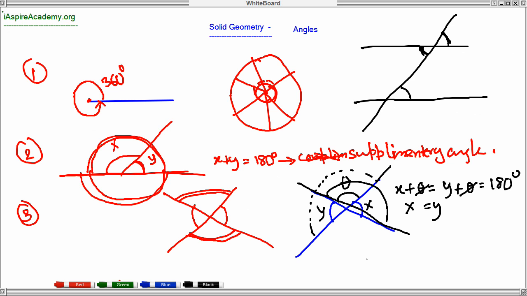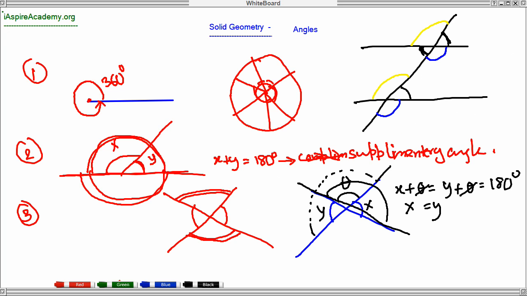In the same way, let me choose a different color. This angle is the same as this angle, and let's see if there is another angle. So let me take a different color. This angle is the same as this angle. Now let's look carefully.